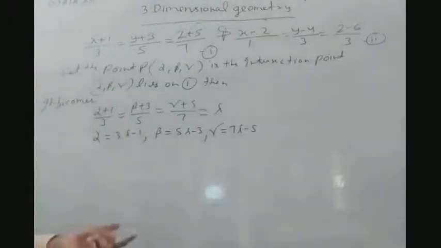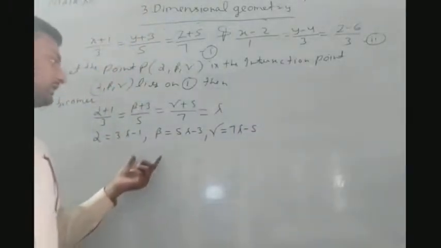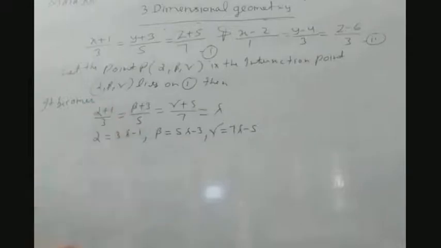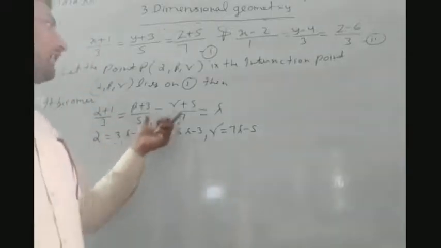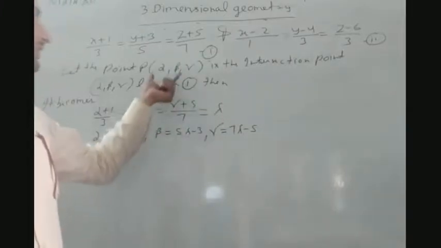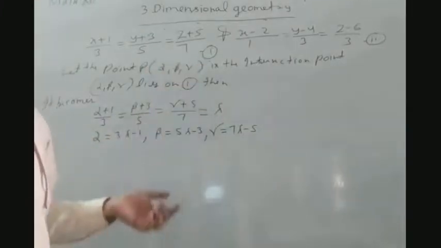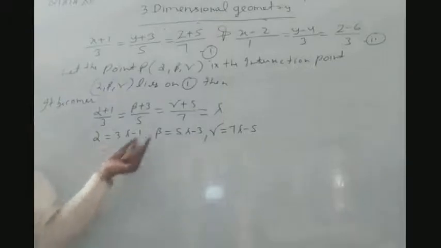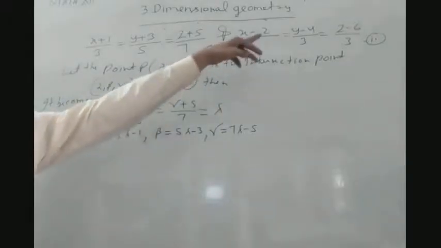These are the coordinates of the point, which lies on both lines, because this is the point of intersection of the two. So this point also satisfies the second line.